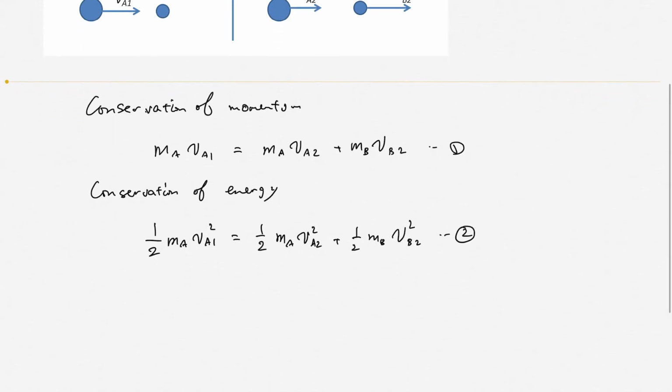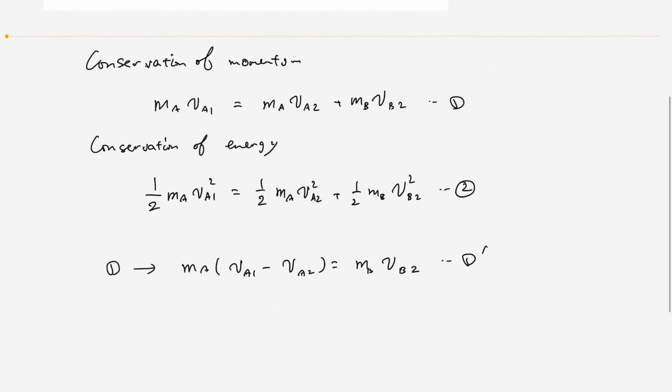From the previous equations, we can modify them. m sub a, v sub a1 minus v sub a2 equals m sub b, v sub b2. This is the modification of the first equation.